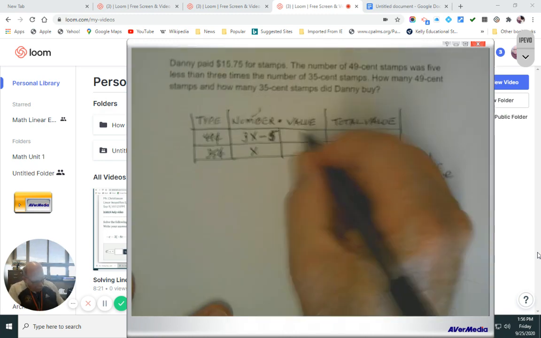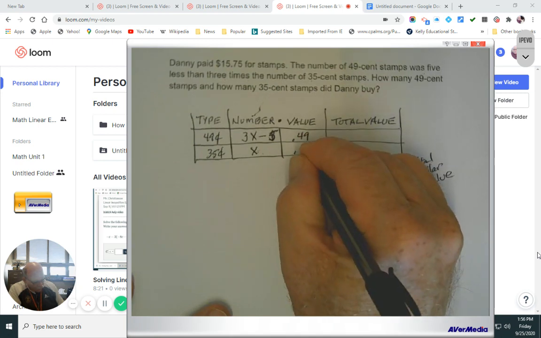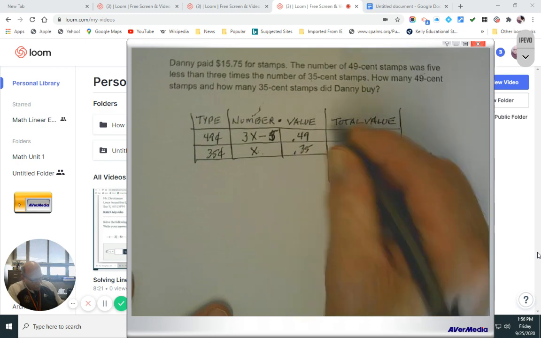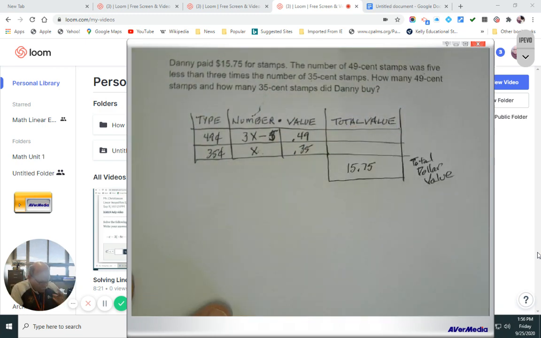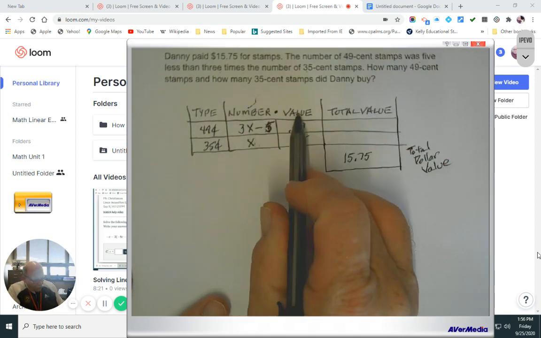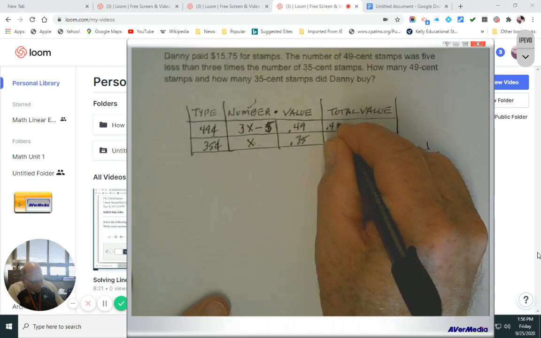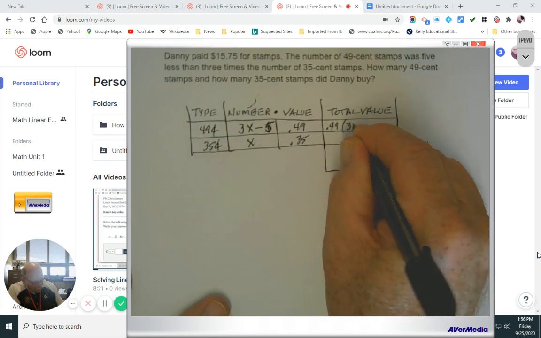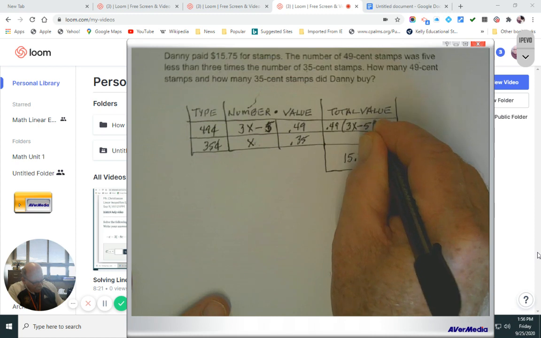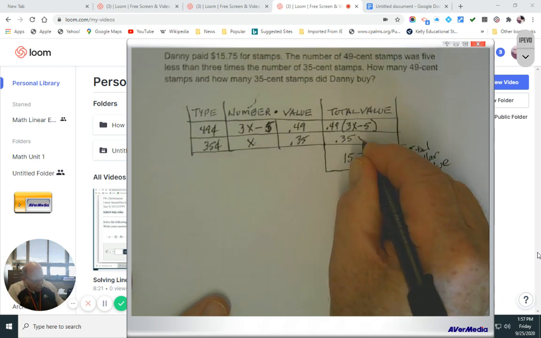And then the value, remember this is where we write the actual decimal value for each individual, like you're just buying one. And then the total value, this is number times value, number times value. So 0.49 times 3x minus 5, and then this is 0.35 times x.